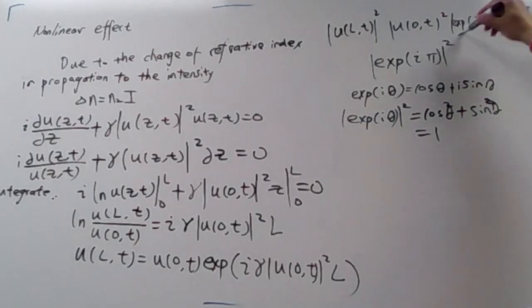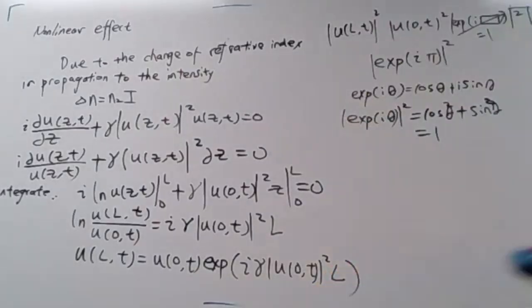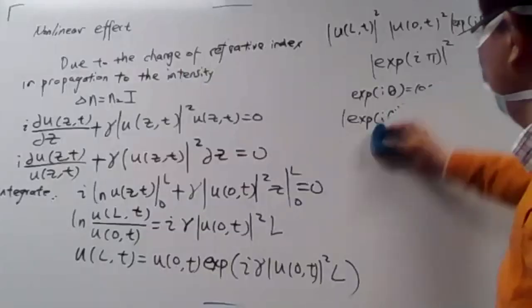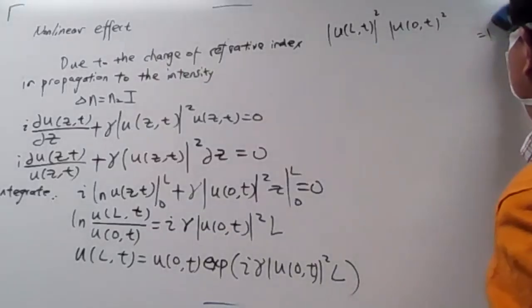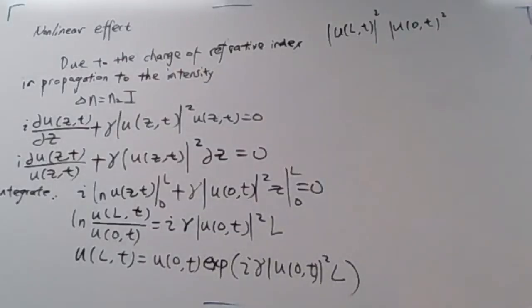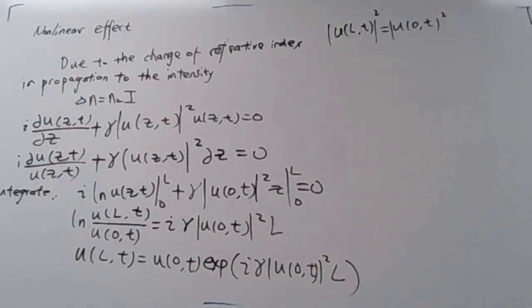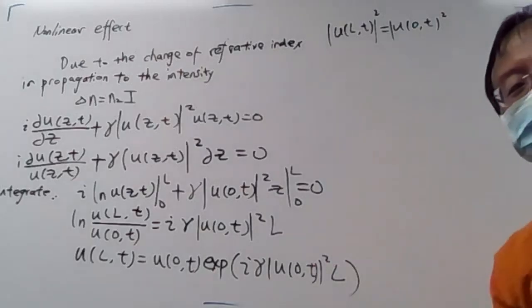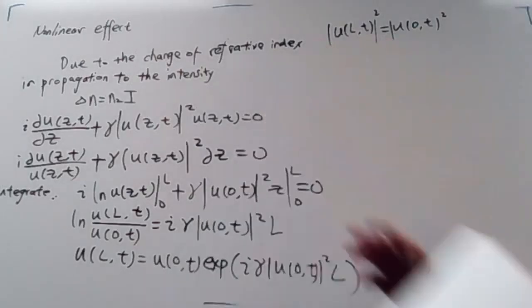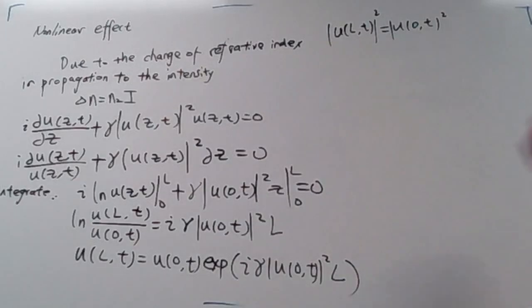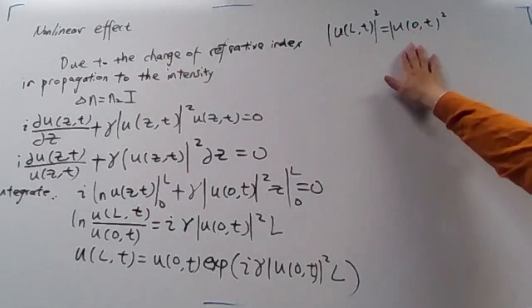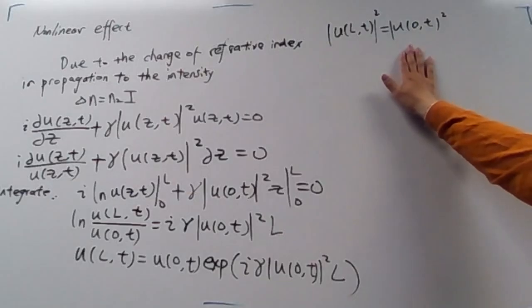This term turns out to be 1, and in the end, those two terms are equal. That's okay. This is for discussion, so let's participate and learn together. So they are the same.